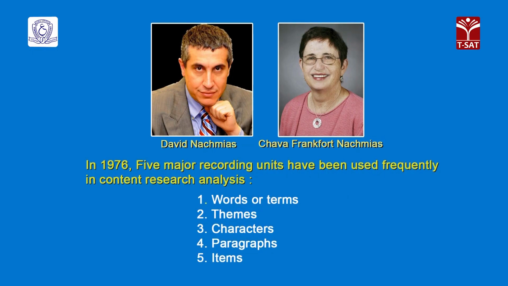According to Tsat and Tsat, 5 major recording units have been used frequently in content research analysis, that is, words or terms, themes, characters, paragraphs and items. The item may be an entire book, an article, a speech or the like.